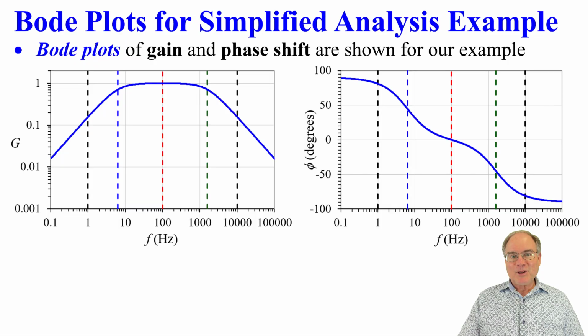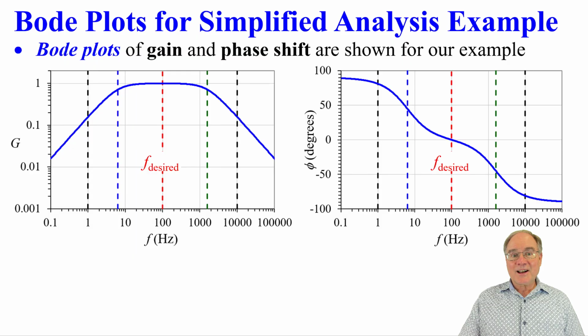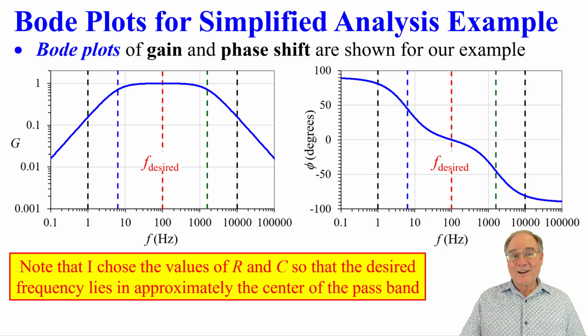Here are our Bode plots for this simplified analysis. Note that we used actual frequency instead of f over f cutoff, because now there are two cutoff frequencies. Our desired 100 Hz signal is in the middle. And note that I chose R and C carefully so that the desired frequency lies in approximately the middle of the pass band.